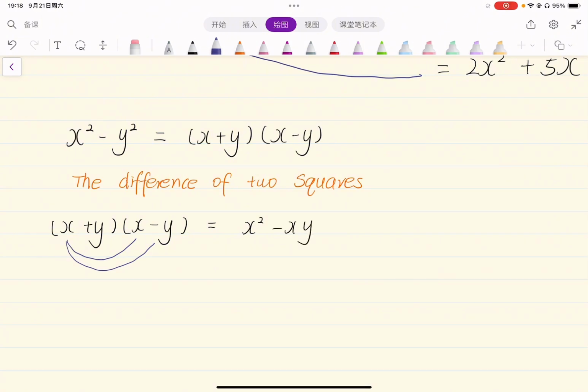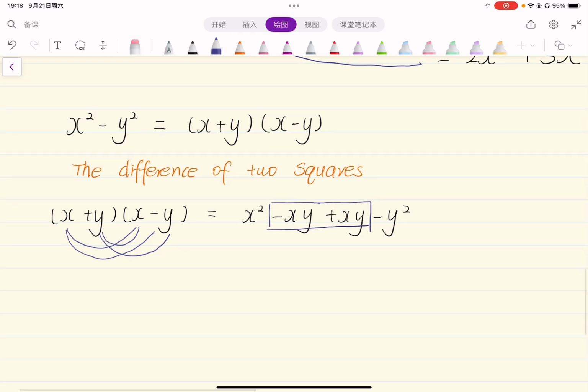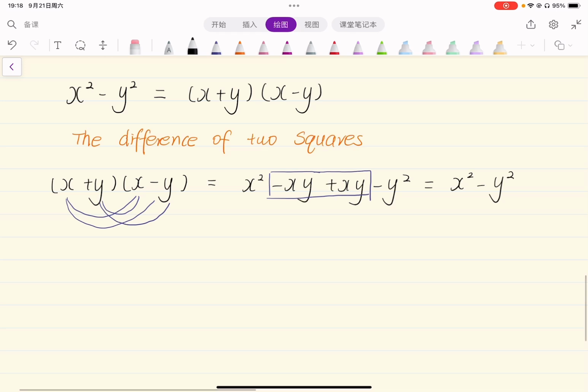And then we add y times x, so plus xy. And the final one is y times minus y, we get minus y squared. And then we can see that minus xy and plus xy cancel each other. So what we are left with is x squared minus y squared. Right?